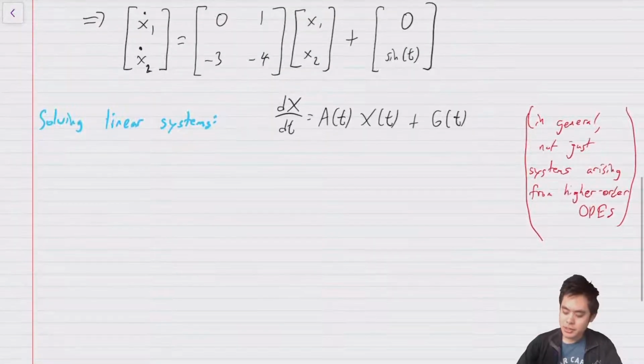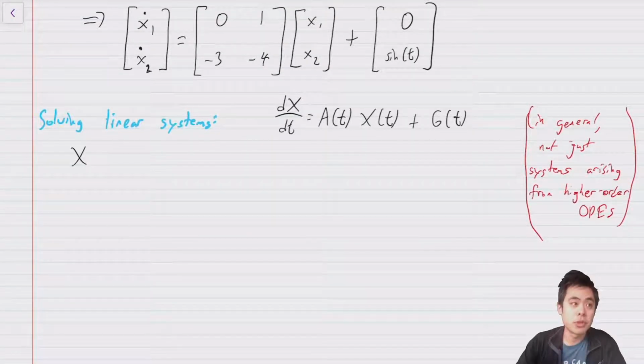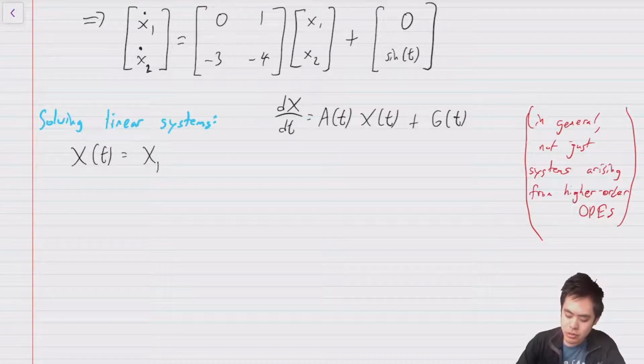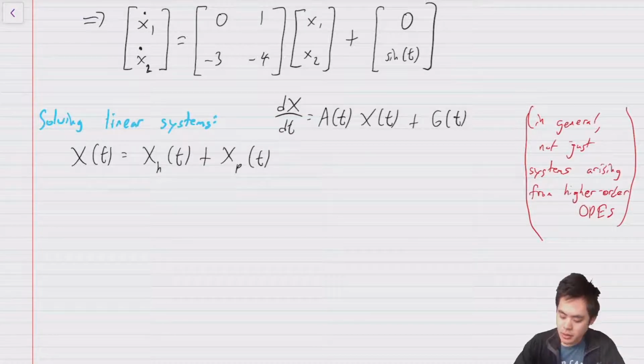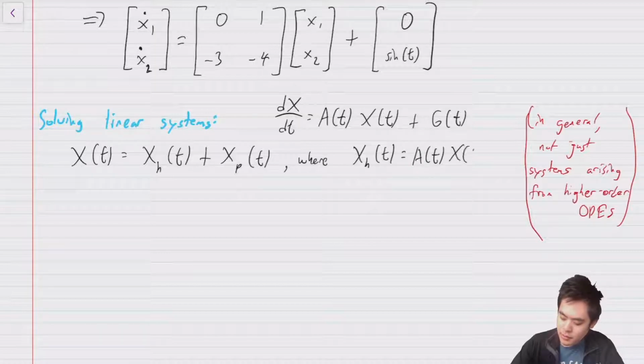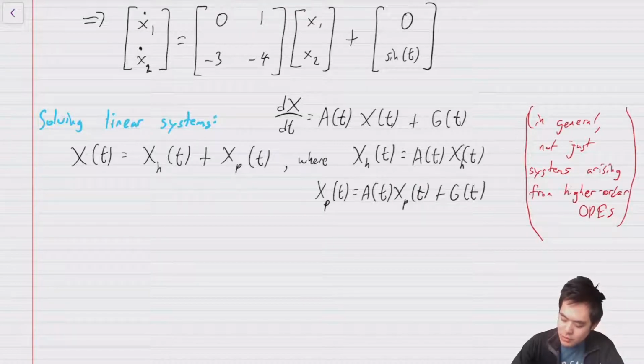So when we're solving, this is one of the things you learned in your B44 class. The general solution x of t can be decomposed into a homogeneous solution plus a particular solution, where xh of t satisfies xh dot equal to A of t xh of t, and xp satisfies xp dot equal to A of t xp of t plus g of t.